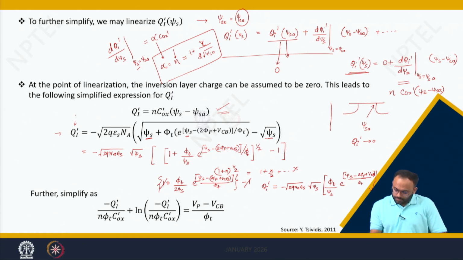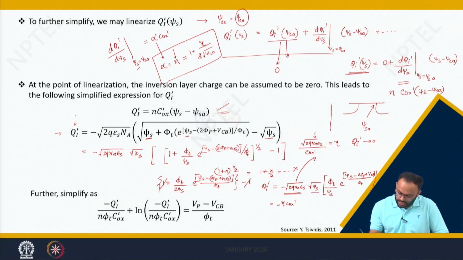Correct? If you solve further, this term, square root of 2 q Na epsilon s divided by Cox dash, can be written as gamma. So this term can be written as gamma into Cox dash with a negative sign.